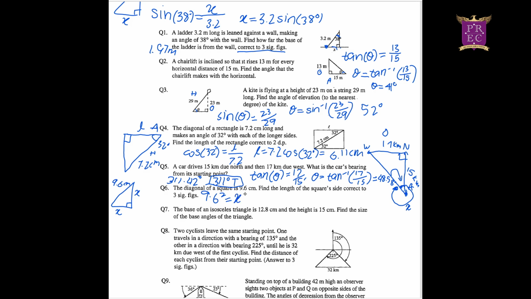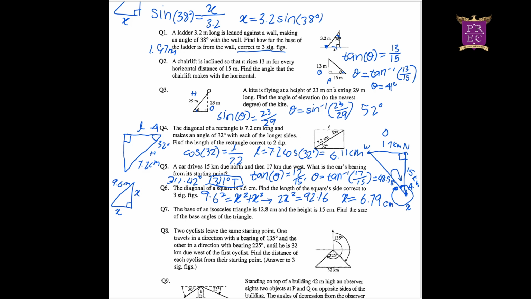So 2x squared is equal to 9.6 squared, which is 92.16. Now, look for x. Divide both sides by 2 and square root it. We should get 6.79, to 3 significant figures. And always remember the units, which is centimeters here.